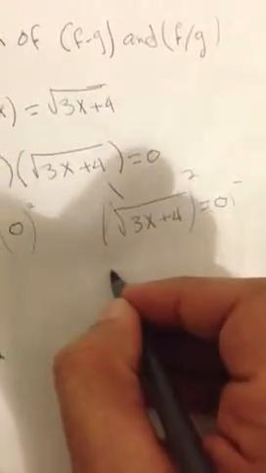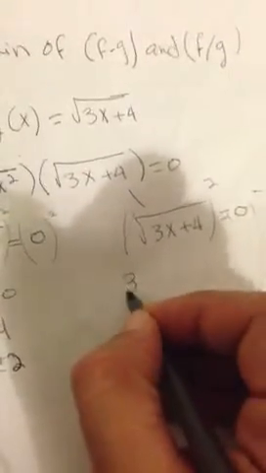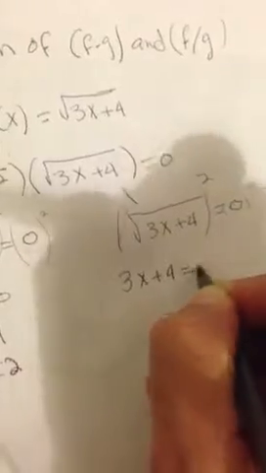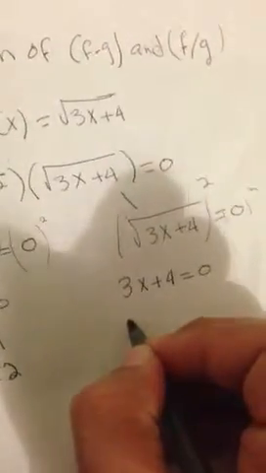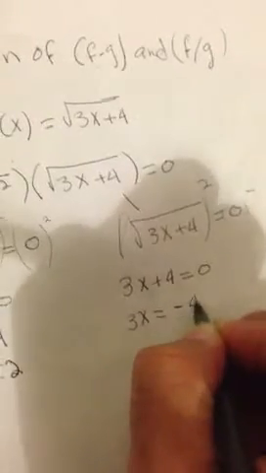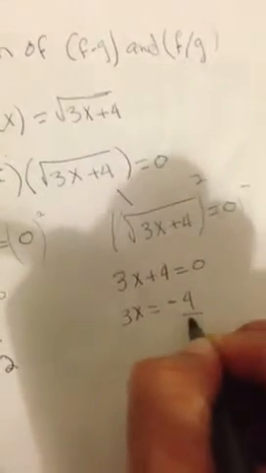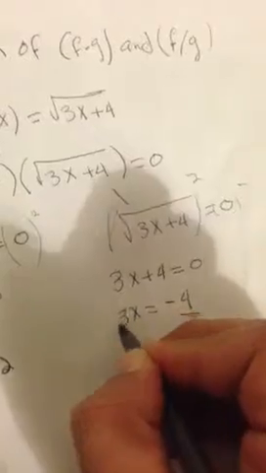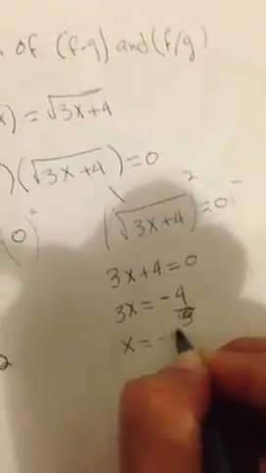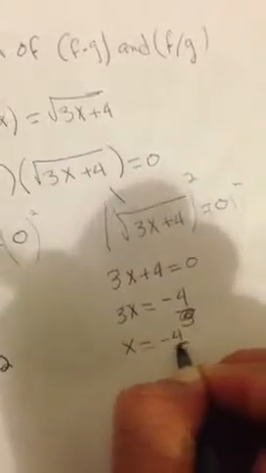Anyway, let's do it now. We end up with 3x plus 4 equal to 0, and 3x equal to negative 4. We divide by 3, and x equals negative 4 over 3.